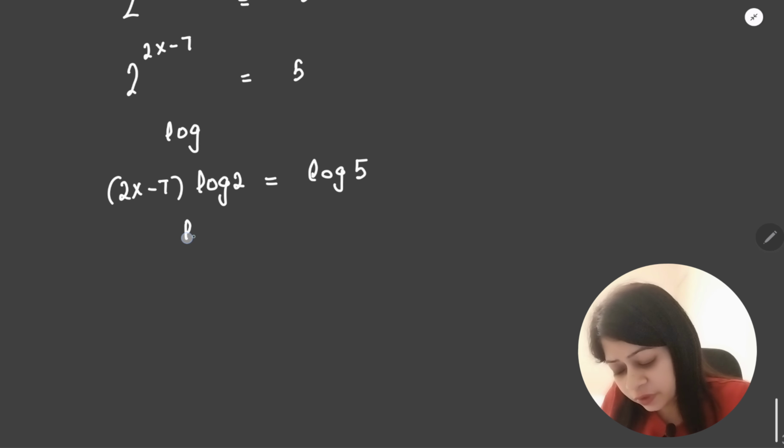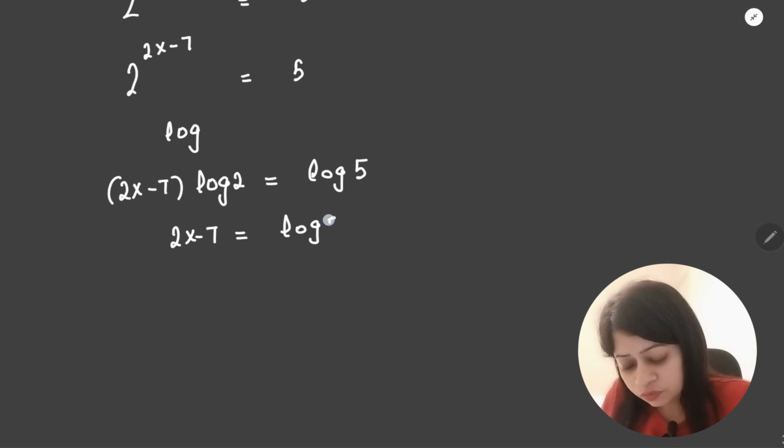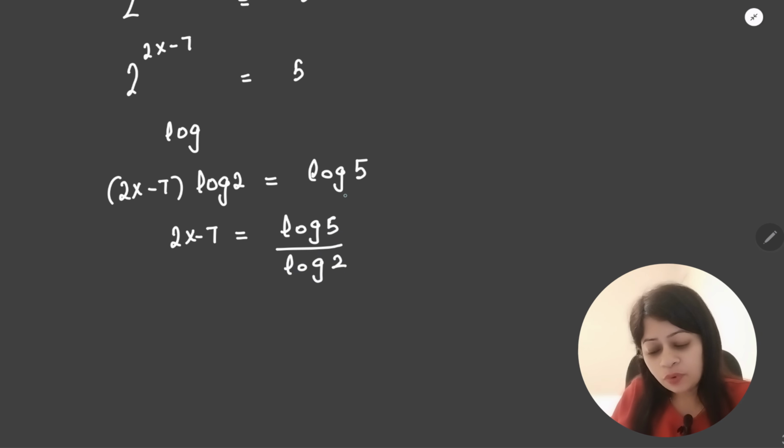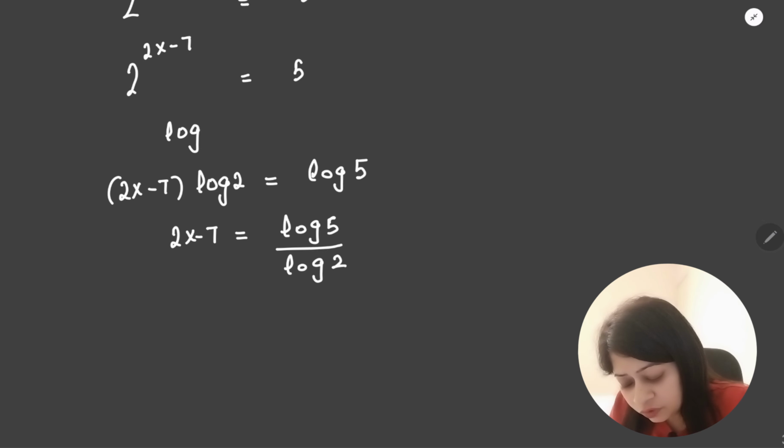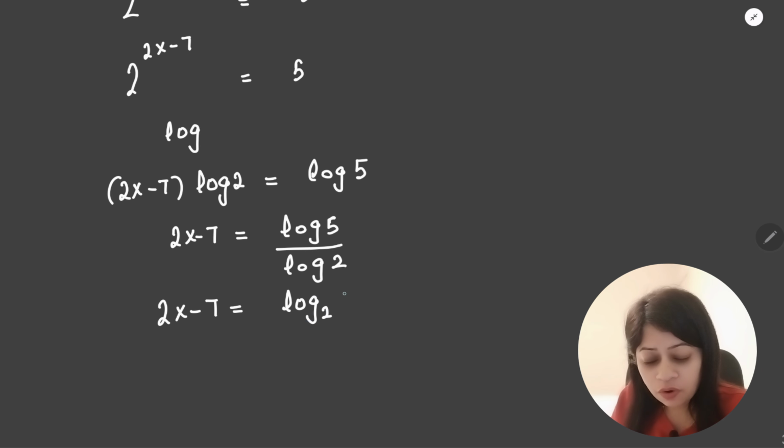We can take 2x minus 7, we can leave here, and this log 5 by log 2. Log 2 will go there, or you can say dividing both sides with log 2, right? So you have 2x minus 7 is equal to log to the base 2 of 5, because log to the base a of b is log b by log a.